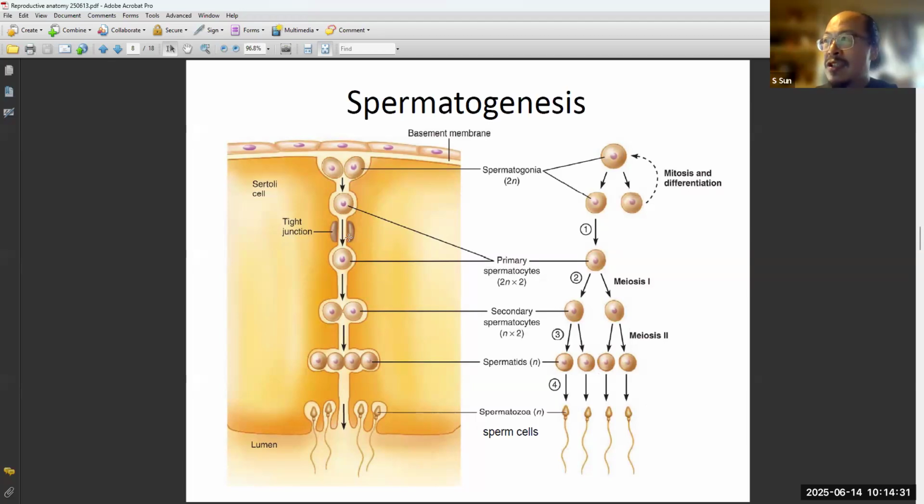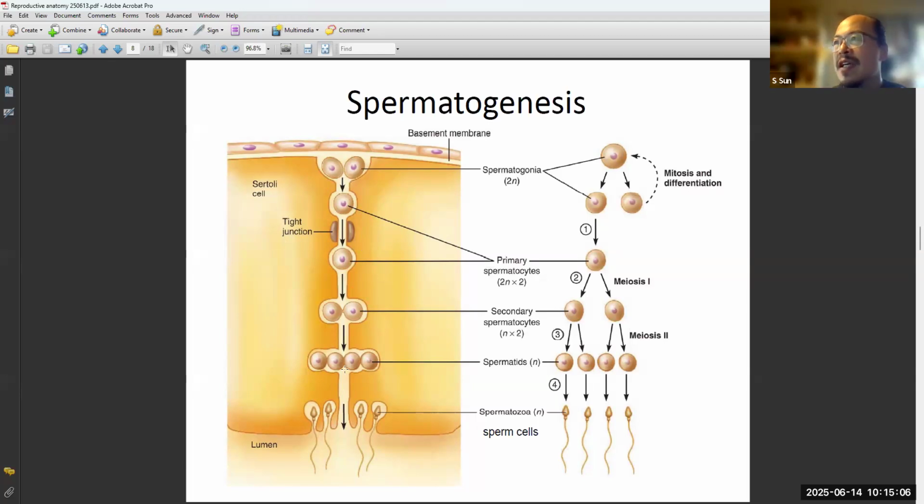Between Sertoli cells there are tight junctions. So here the spermatogonia produce sperm. They not only have morphological change, they also translocate from the basement membrane location into the lumen right here. Through that translocation, they need to pass through the tight junction between two Sertoli cells. So the Sertoli cells' function is to facilitate this transformation.